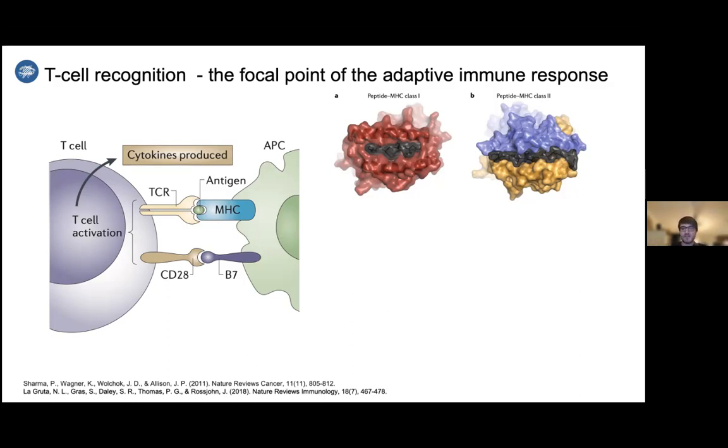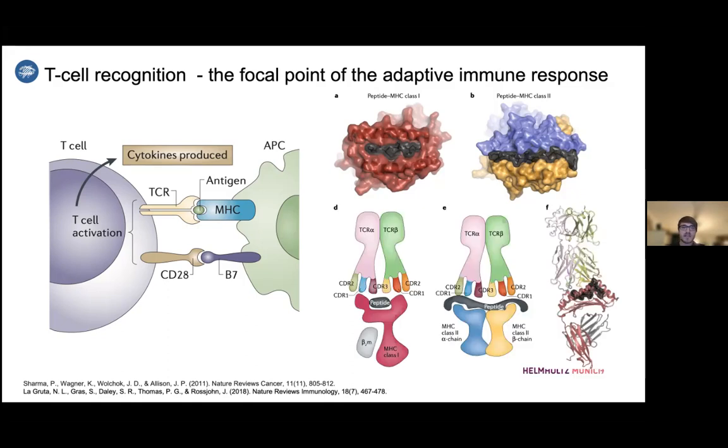And so the T-cell receptor itself interacts with this complex. And if a strong enough interaction happens, the T cell will get an activation signal that then leads to an induction of an immune response. And here, the key components play a crucial role, namely the CDR regions of the T-cell receptor.